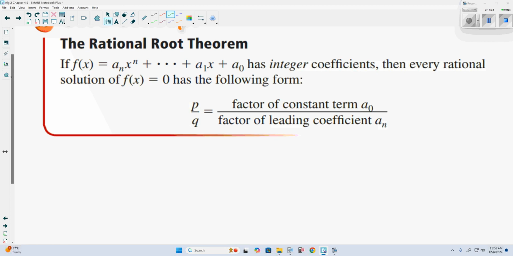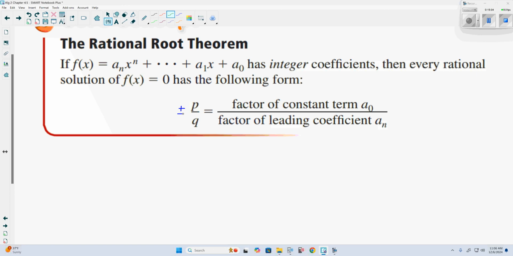We're not talking about our square roots, our cube roots, our radicals, or our imaginary numbers, can be given to us by this formula here, our plus or minus p over q, where P is the factors of the constant term, our term without a variable, and Q is the factors of the leading coefficient.